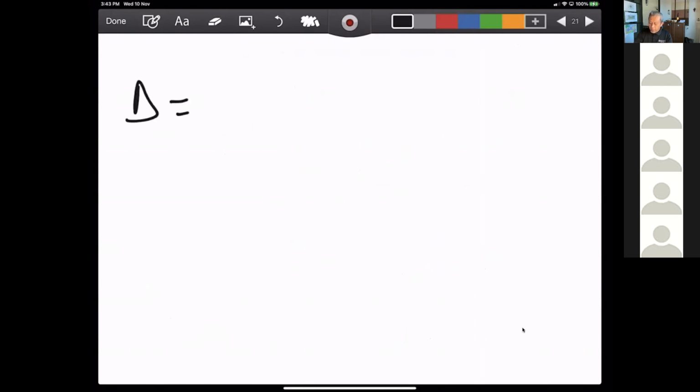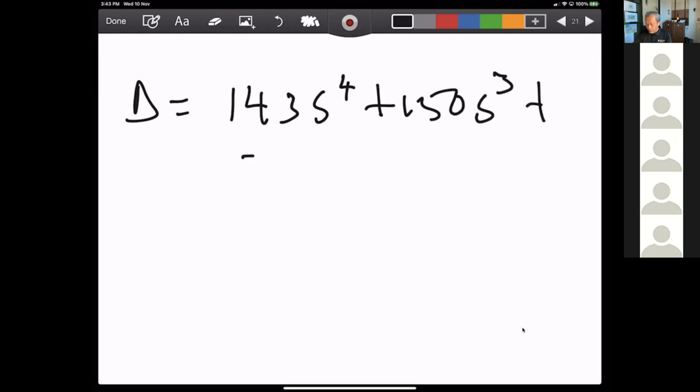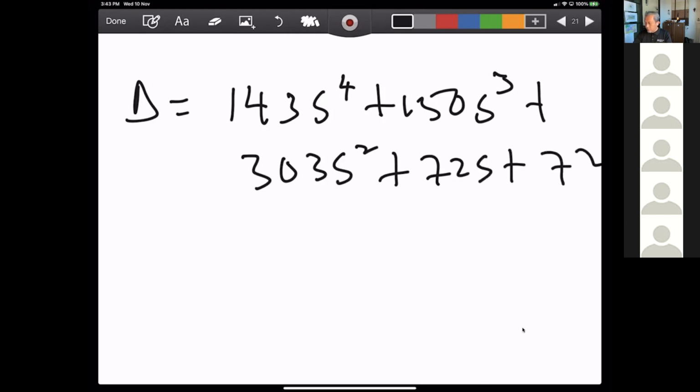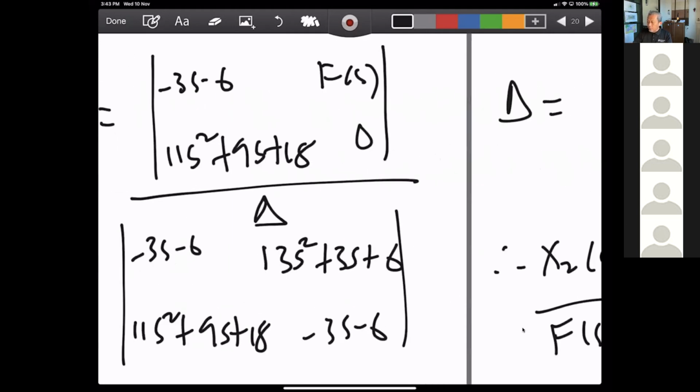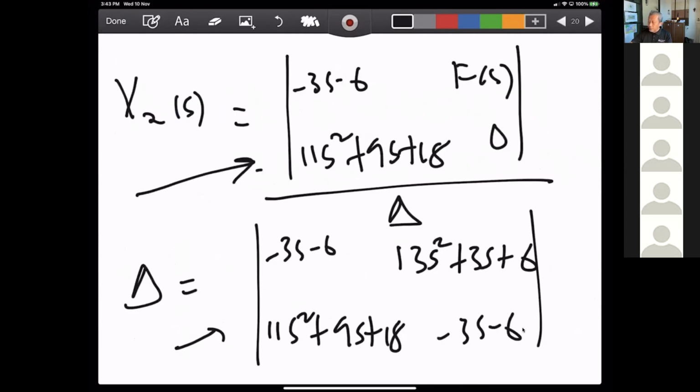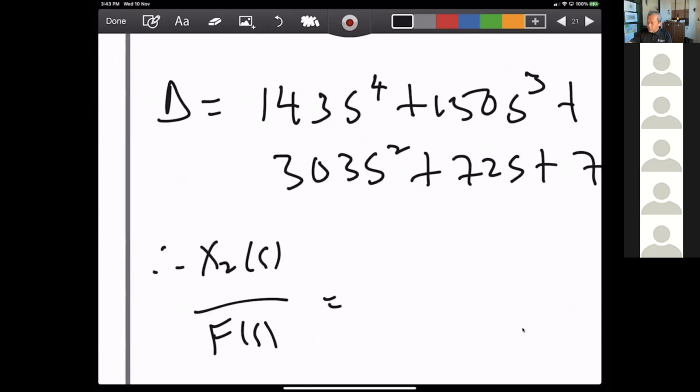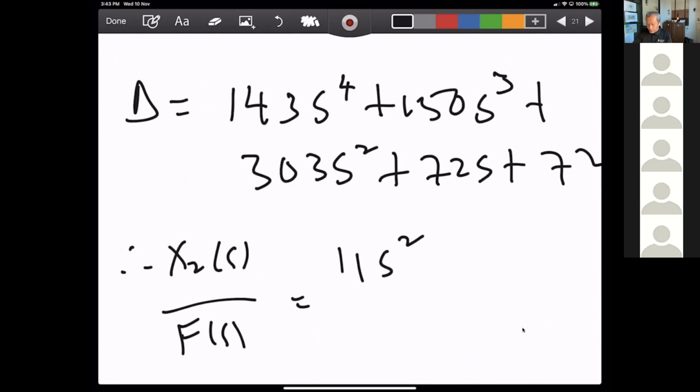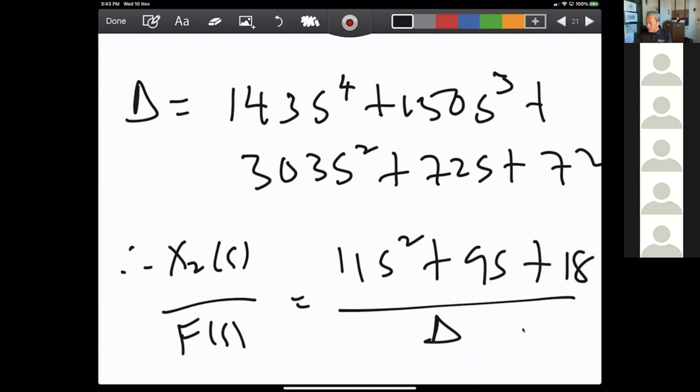Okay, so you simplify this one. So delta, you will get 1 for 3S4. And then X2S, you simplify this one, so you will get 11 over delta.